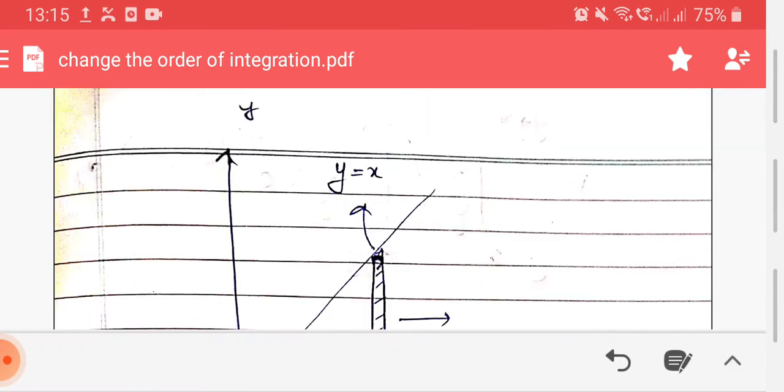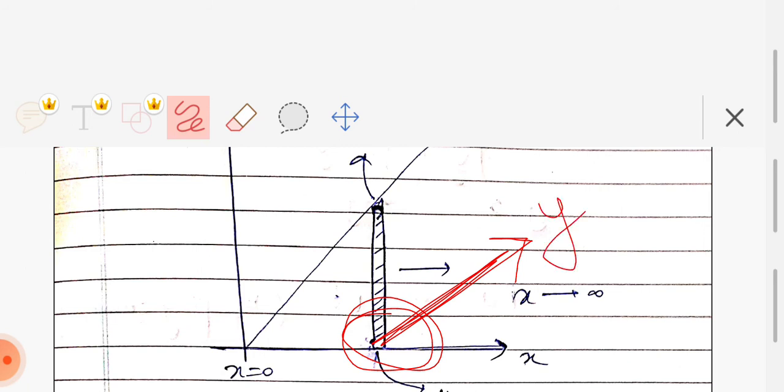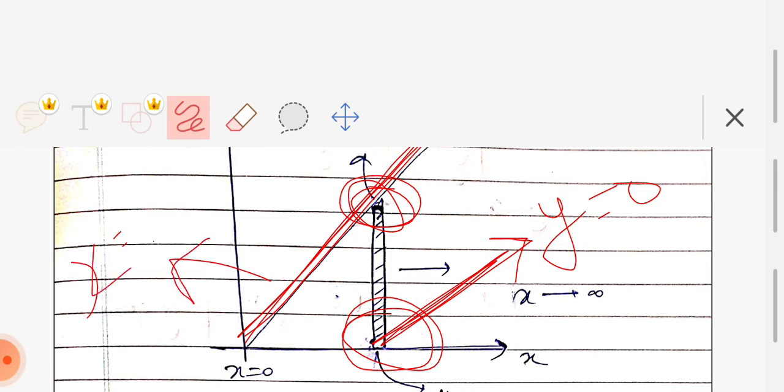This lower part shows the x-axis where y is 0, and the upper part shows this line. On this line, its equation is x equal to y, so any y value over this point will be equal to x.